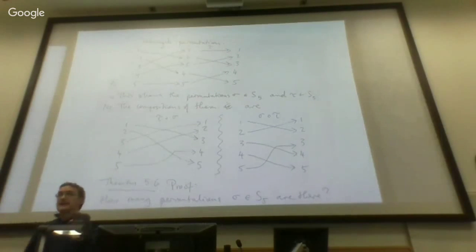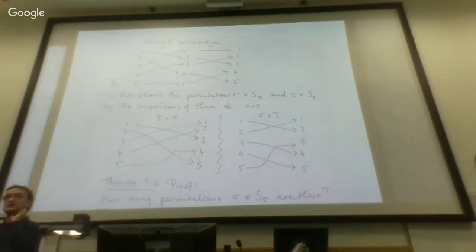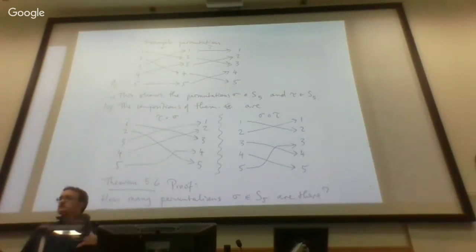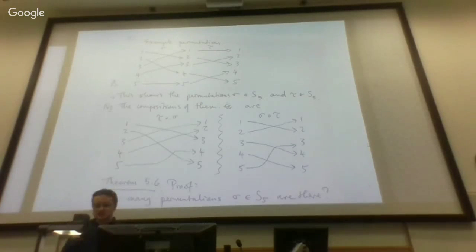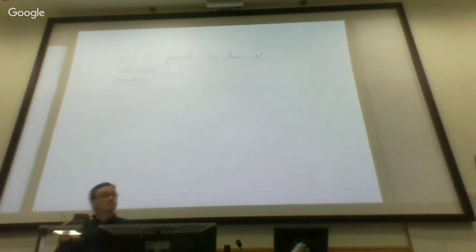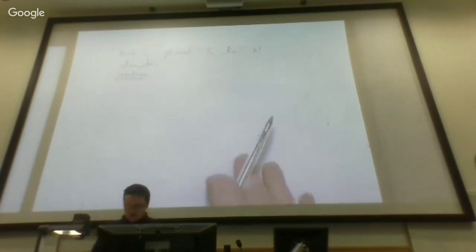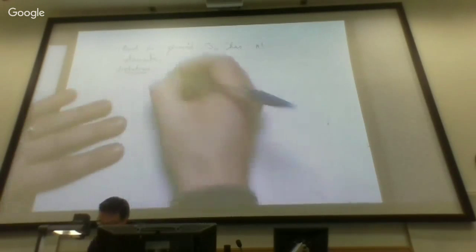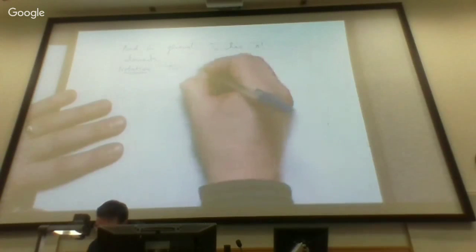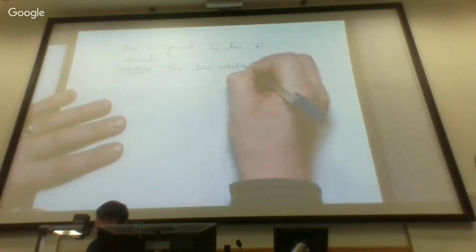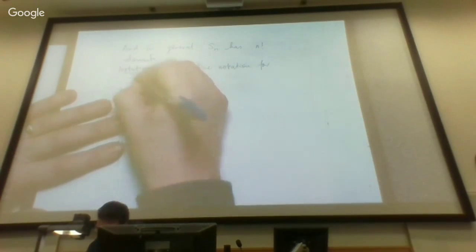They're very clear, they're very instructive, they show you exactly what's going on, but they take up a lot of room on the page, and they're laborious to draw. Once you start considering lots of permutations, it quickly becomes too cumbersome. So we'd like to have a more compact notation for permutations. So there's the two-line notation for permutations.